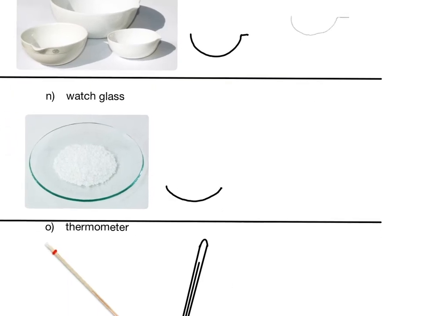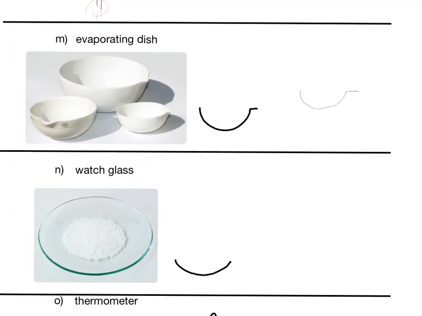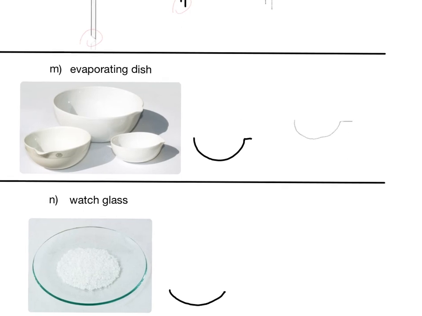So the other one, watch glass. Oh, by the way, the evaporating dish is usually used when we're going to add something onto that dish. For example, let's say we add some salt water, and we just want the salt.